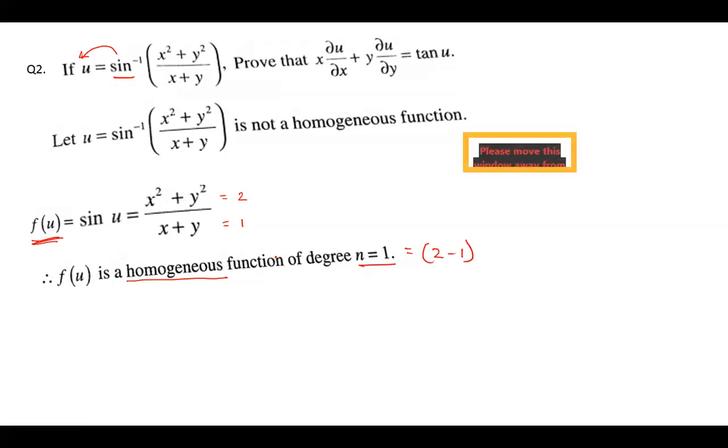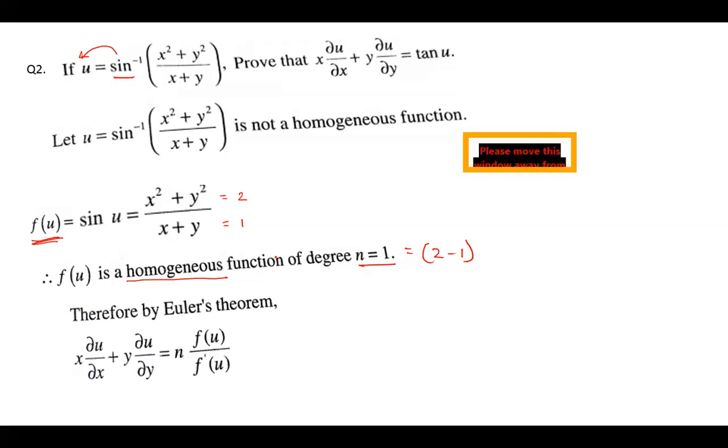Now we have a modified form of Euler's theorem that says x·uₓ + y·u_y is equal to n times f of u by f dash of u. This result of Euler's theorem we apply when u is not homogeneous, but f of u is a homogeneous function of degree n.